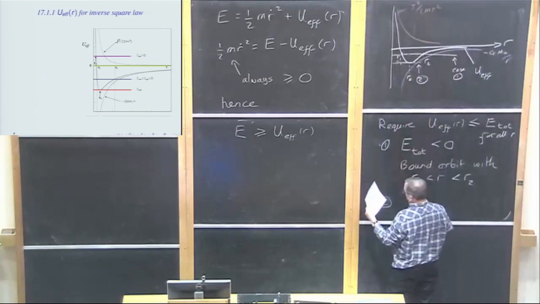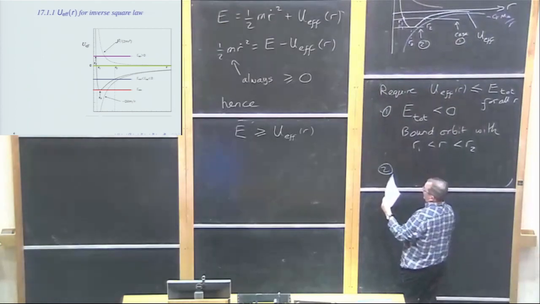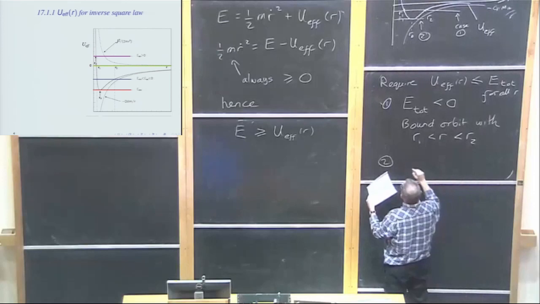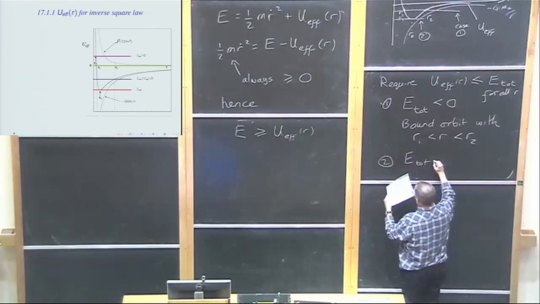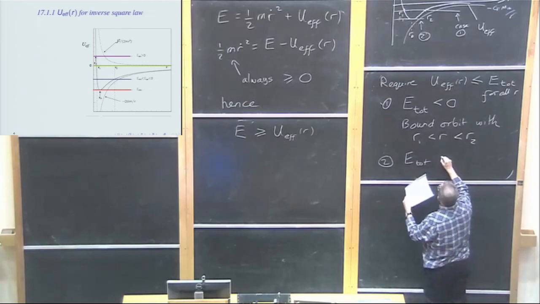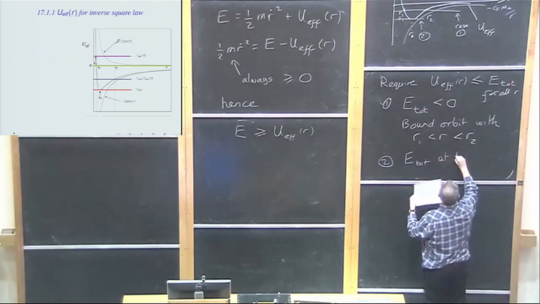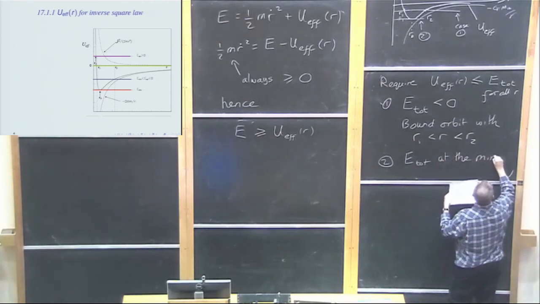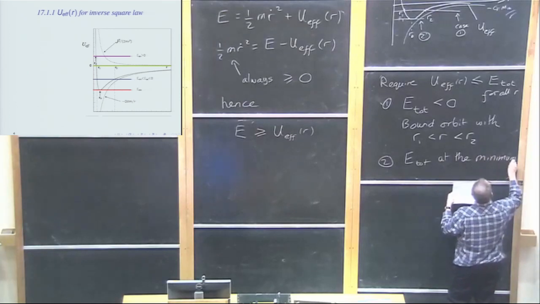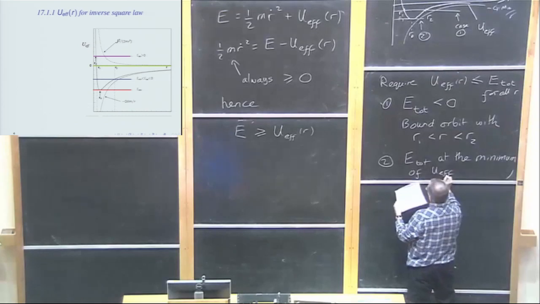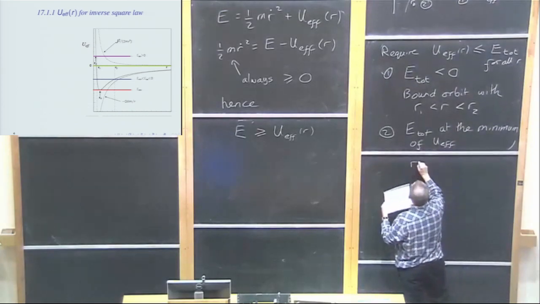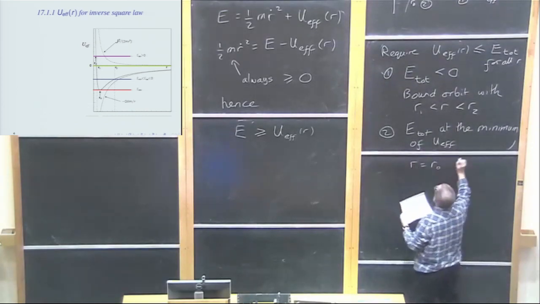So in case 2, E total is at the minimum of the effective potential, and R is equal to R0.